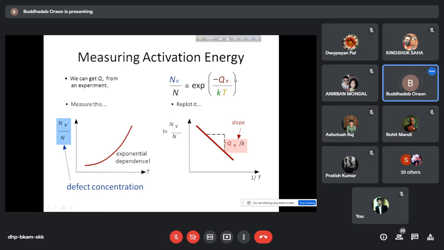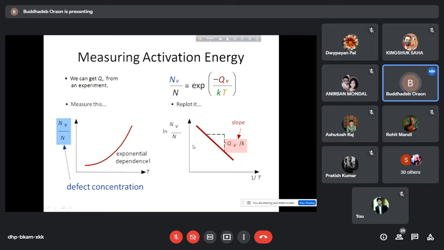To measure Qv, it is quite simple. We will perform some experiment on that particular process and plot this equation. On the vertical axis will be the natural logarithm of the rate, and on the horizontal axis it will be 1 by T.